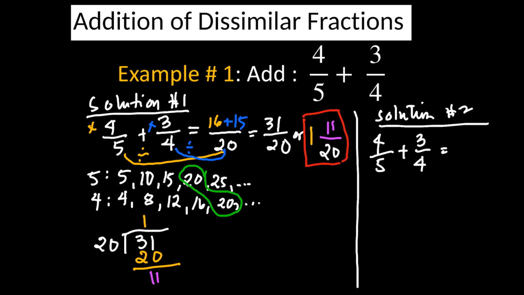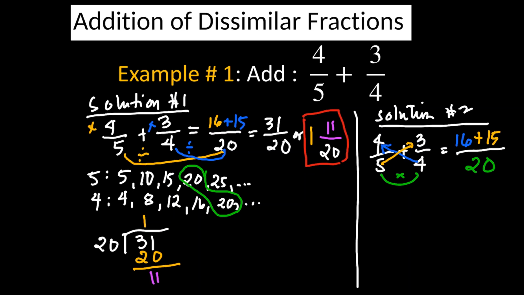In this method, you multiply first the denominators. So 5 times 4 will give you 20. And then you multiply 4 and 4. So 4 times 4 will give you 16. And you multiply 5 and 3, that will give you 15.